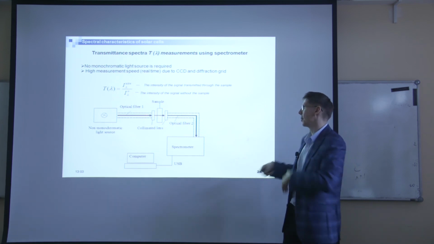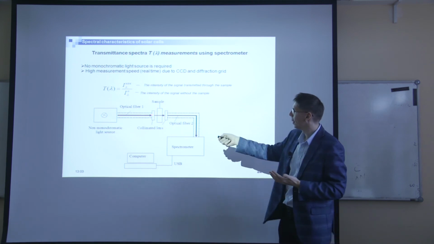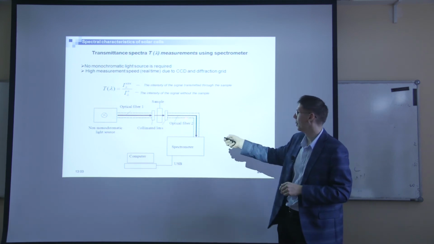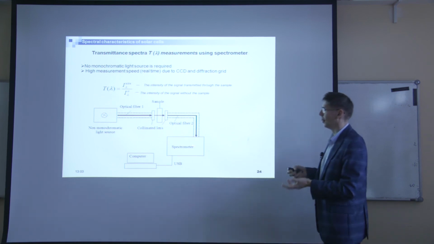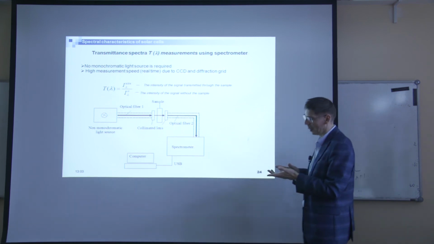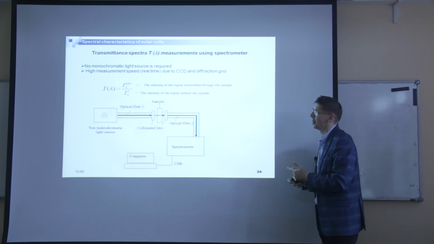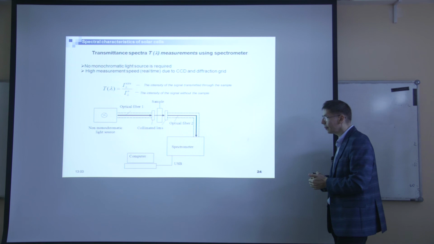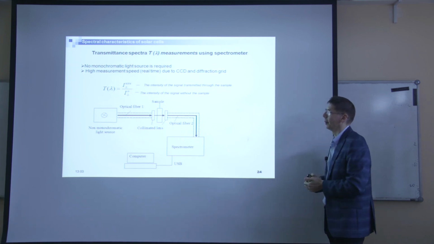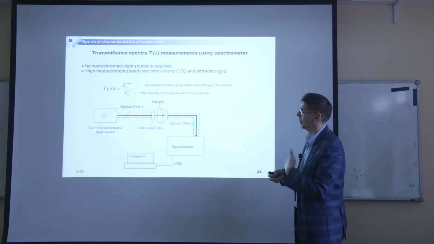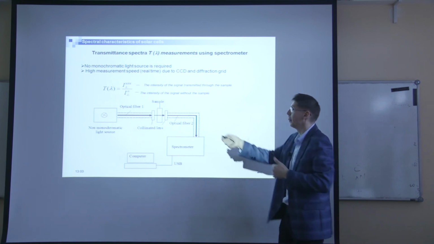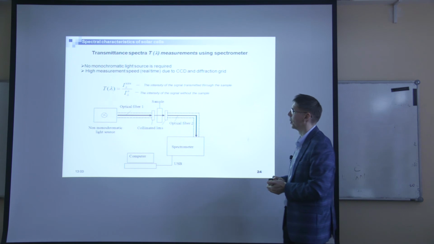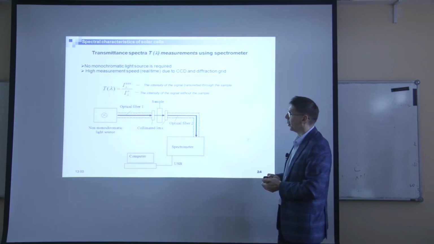It passes through your sample or without the sample, and then it comes to the spectrometer, and you save one spectrum and then another one, and just divide the spectrum with the sample by the spectrum without the sample, and you get the transmittance.